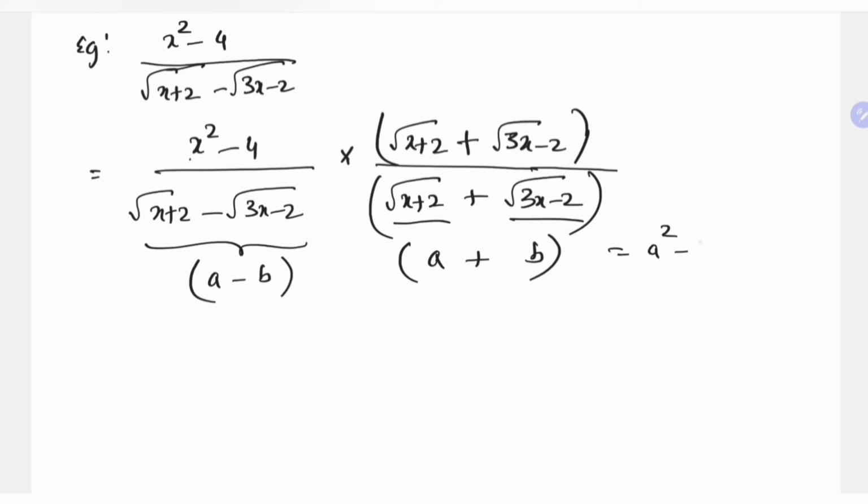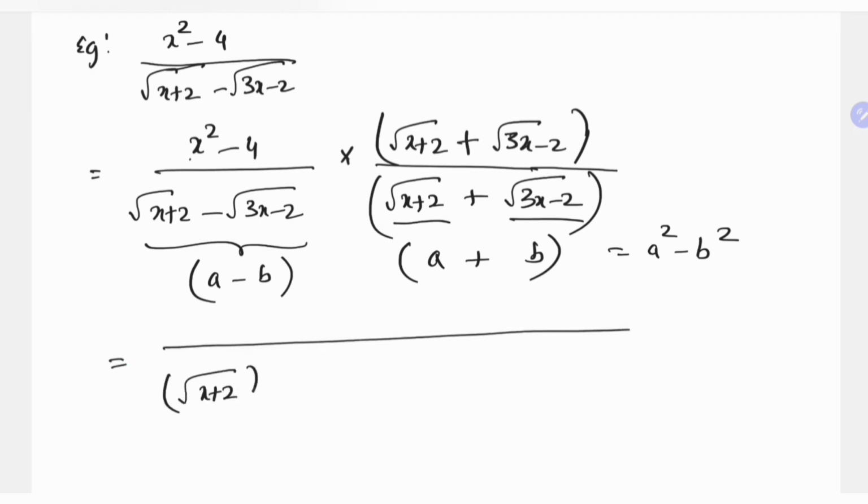We'll get a square minus b square. Now what is a? A is root x plus 2, the whole square, a square, minus, because it's minus here, b square. What is b? Root 3x minus 2, the whole square. Now the square and root will get cancelled. So this is the advantage of rationalizing with an opposite sign.